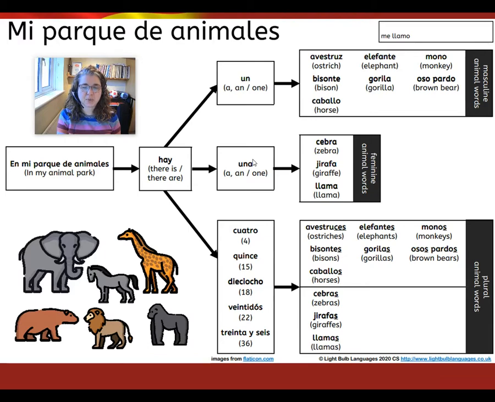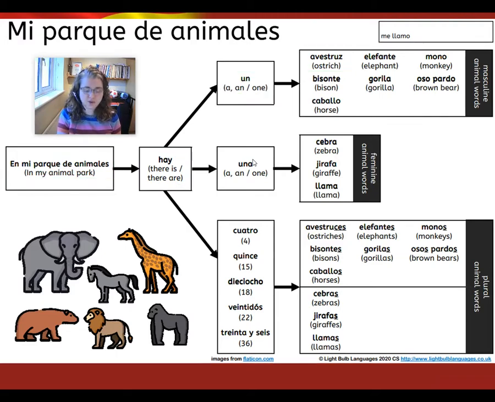Can you point to the words that you're going to need? So you need En mi parque de animales hay un avestruz. In my animal park, there is one ostrich.